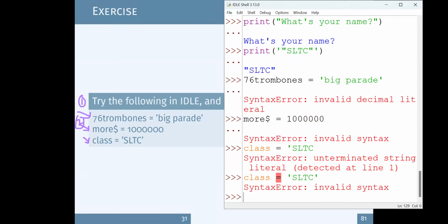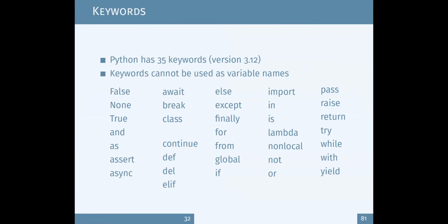So let me explain more. In Python, there are some words which we cannot use as variable names. Class is one of them, because if you look at Python, in this particular case I'm referring to Python 3.12, there are some words we call keywords.